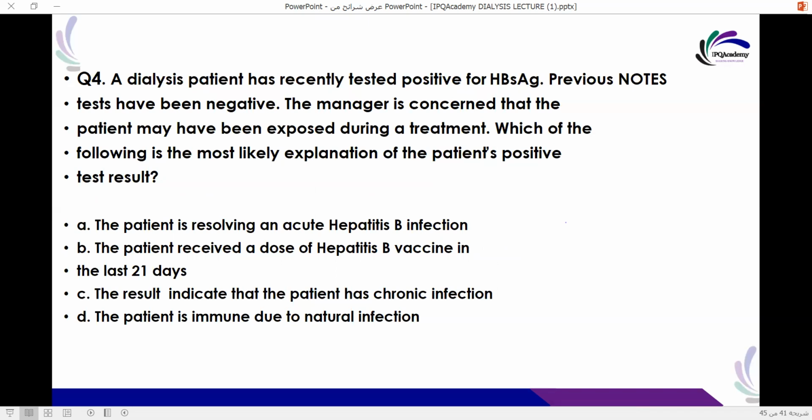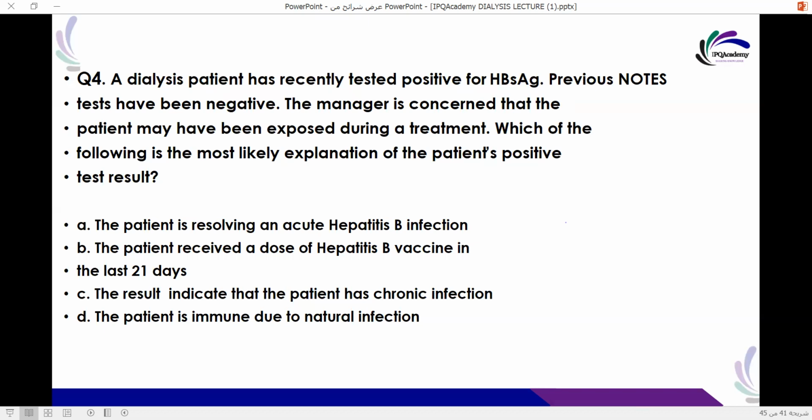Number 4 question. Dialysis patient has recently tested positive for hepatitis B antigen, but previous notes was negative. The manager is concerned that the patient may have been exposed during a treatment. Which of the following is the most likely explanation of the patient's positive result? Here, the patient before was negative, and by testing the patient again was positive for S antigen. Here, I should take into consideration if the patient is vaccinated or not.